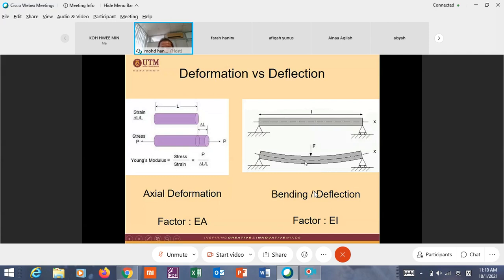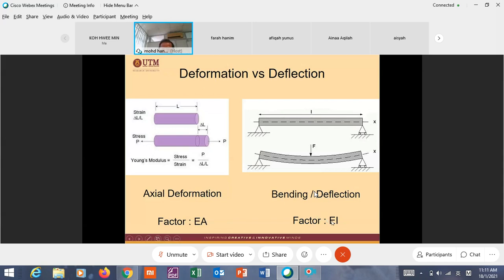For beam, we have another deformation, in the direction normal to the axis. This one is deformation in the direction collinear with the axis. This one is in the direction normal to the axis, which we call deflection or bending deflection. And the governing factor for the axial deformation is E and A, cross section and Young's modulus.